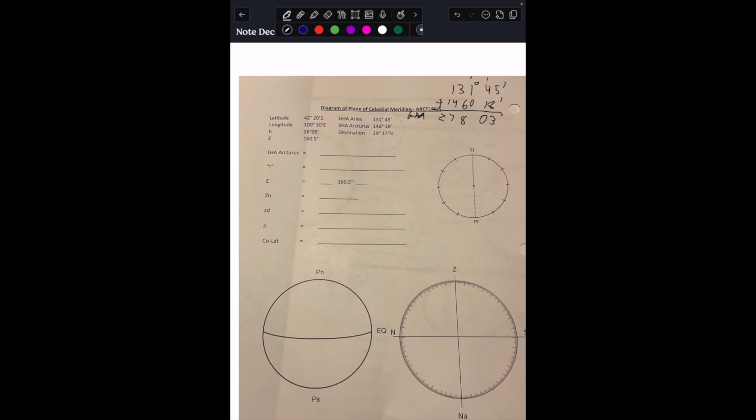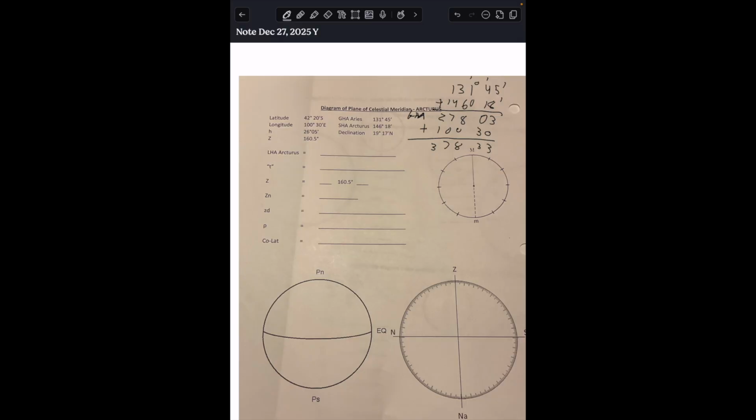Now we've got to figure out what the LHA is. The LHA is just GHA plus longitude if east, minus longitude if west. In this situation, our longitude is east, so we are going to add 100 degrees, 30 minutes. That gives 378 degrees, 33 minutes. Well, that's a problem. You only have 360 degrees.